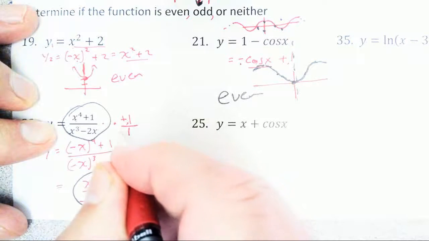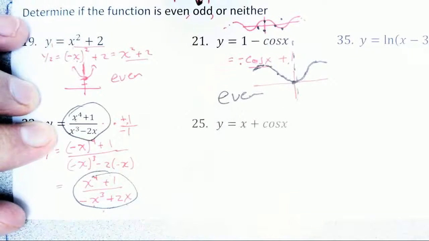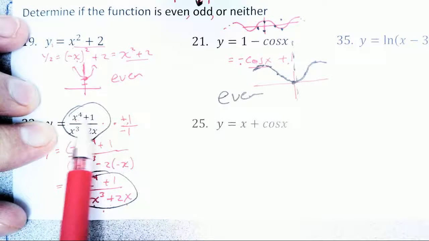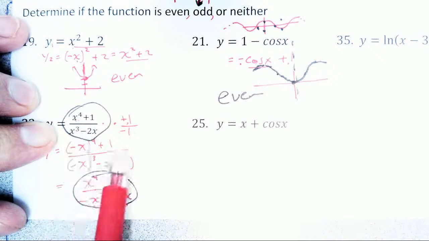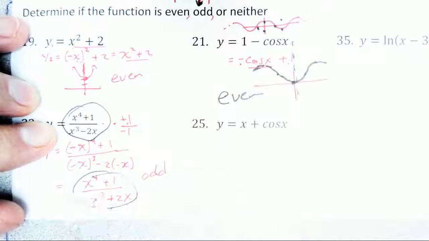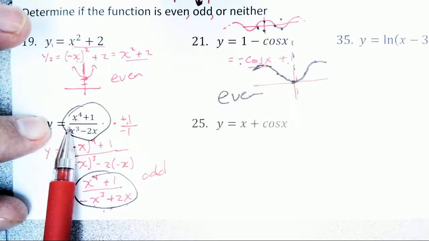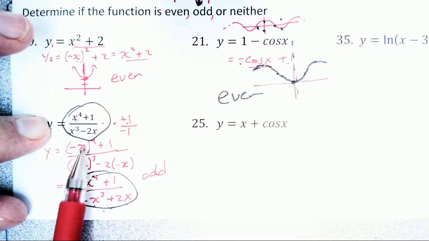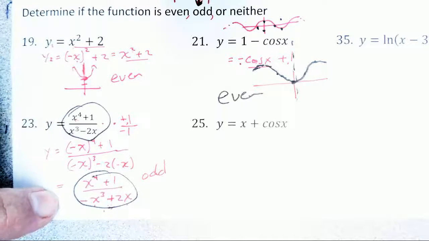Or I could multiply by the negative in the denominator, and I would get x to the fourth plus 1 over negative x cubed plus 2x. This function is odd, because when I go to the right, I've determined these are opposites. I get the opposite of what I get when I go to the left.